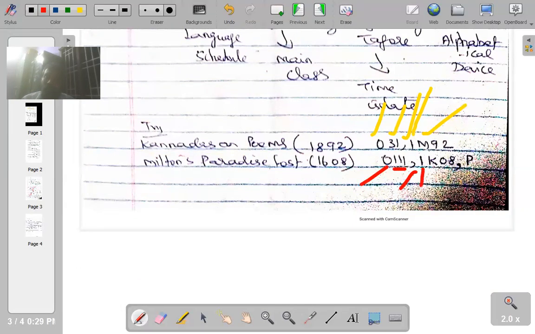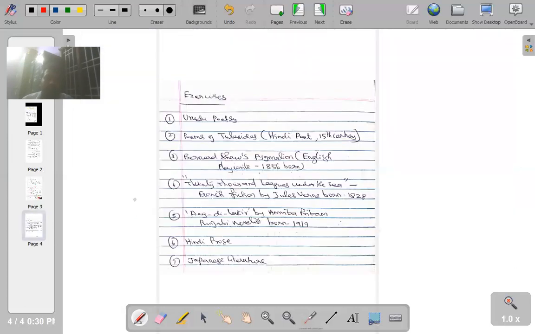Then comma, 1 stands for poem. K08 stands for the year of birth of the author. Then comes Paradise Lost, so I use the alphabet P. Fine. Okay, good. Now let me move on to the next page.